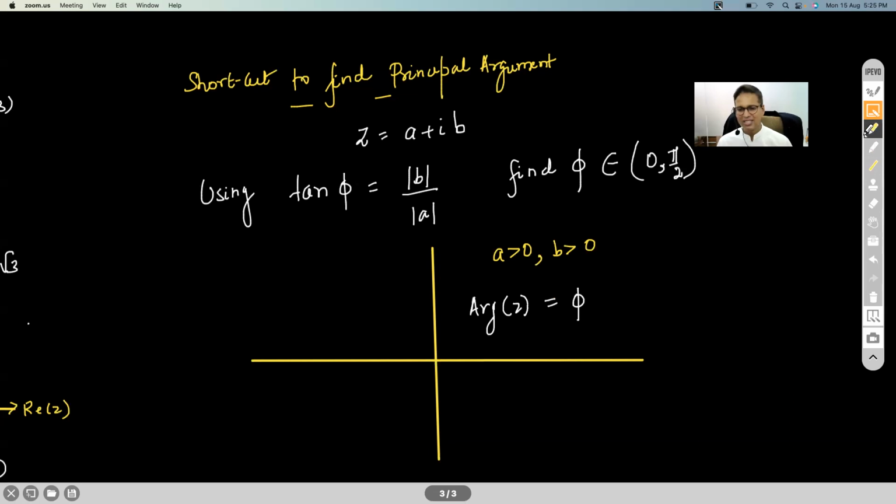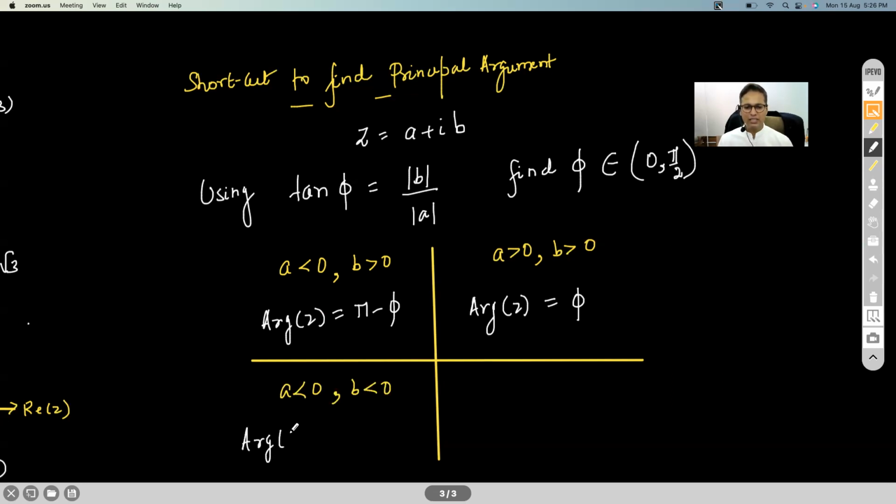If a is negative and b is positive, that means you are in the second quadrant, then the argument would become pi minus phi. Right, Naren. Is it fine, everyone? If you're falling in the third quadrant, that means a is also negative, b is also negative, then in that case, the argument becomes phi minus pi.